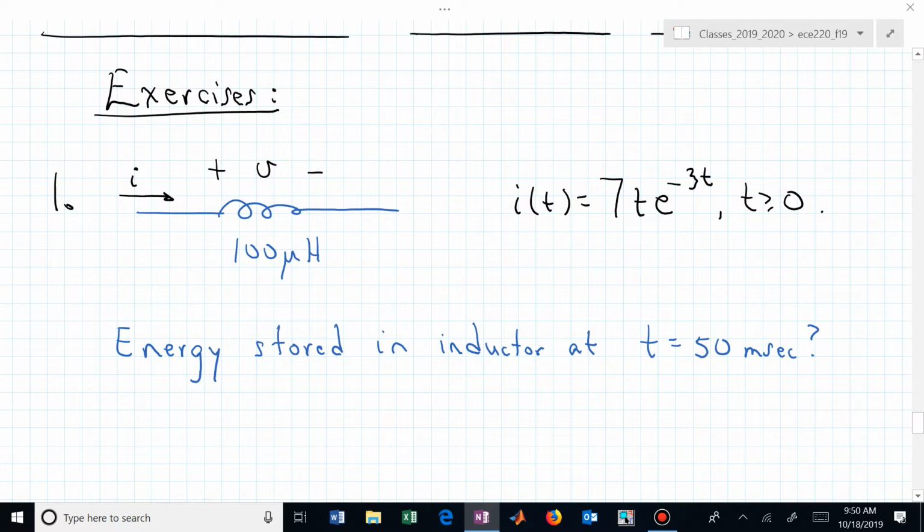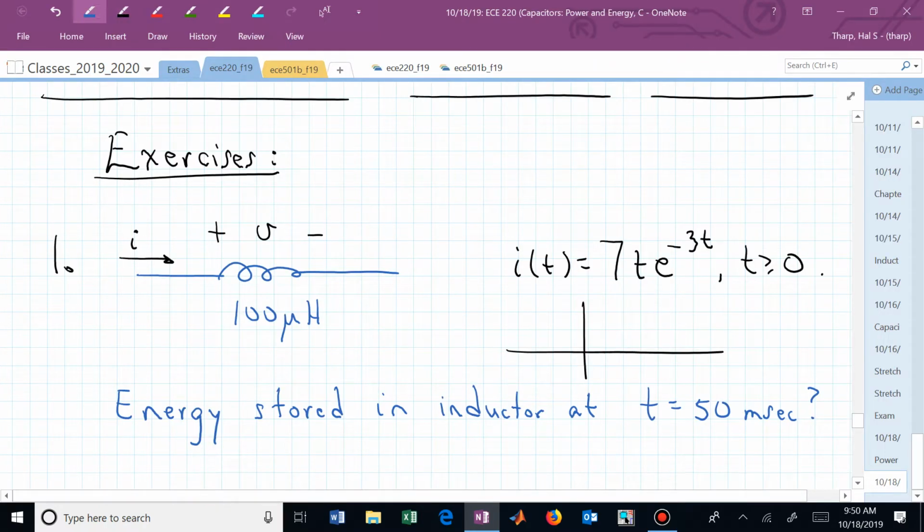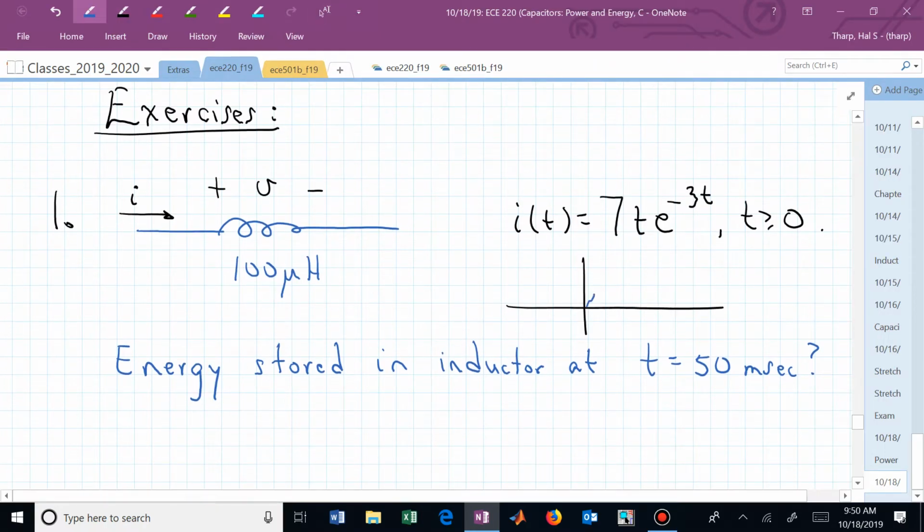So now e to the minus, when t is small, is not going to be as influential as the t term. So this is going up and then it comes down. That's what this t e to the minus t shape looks like.